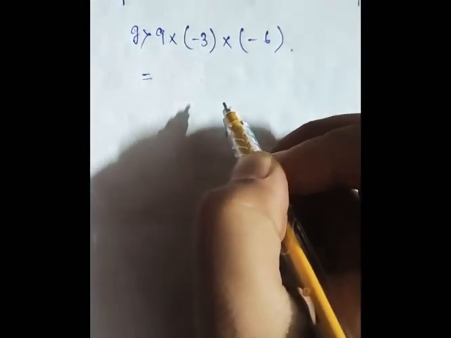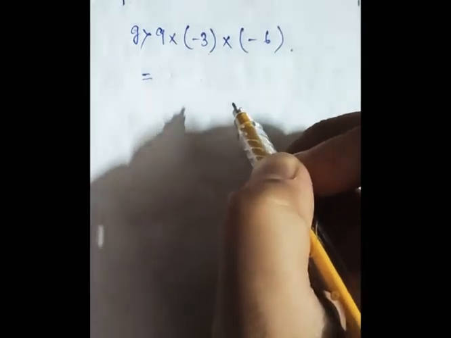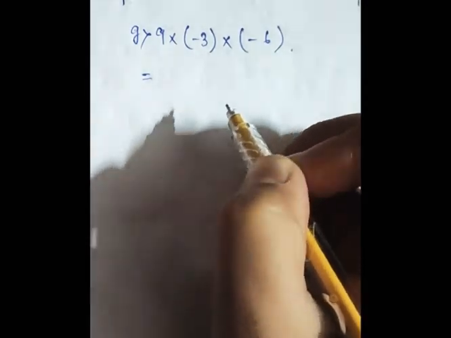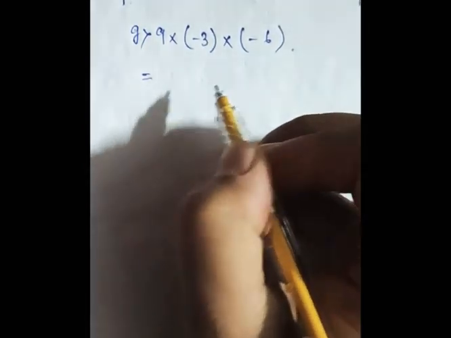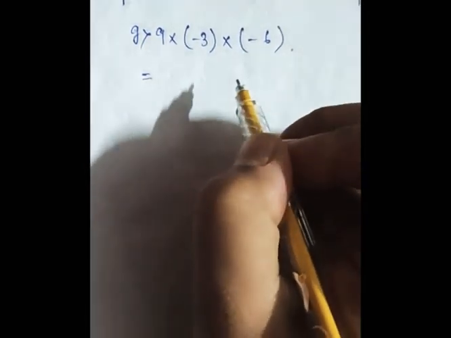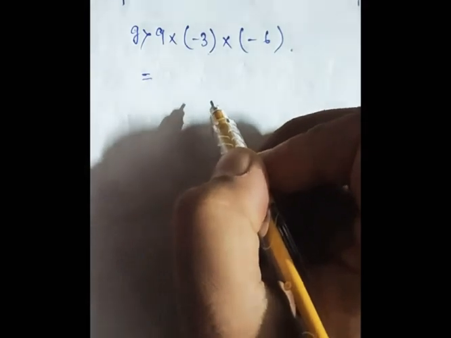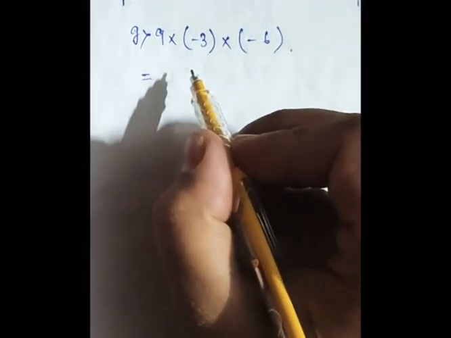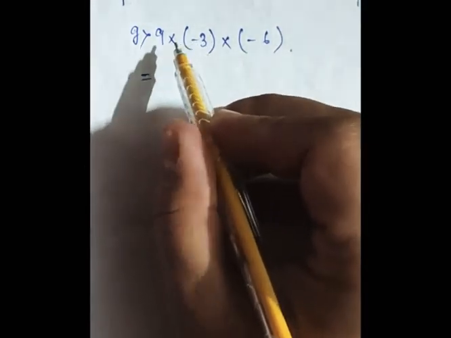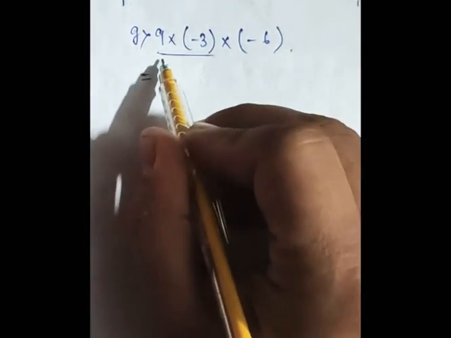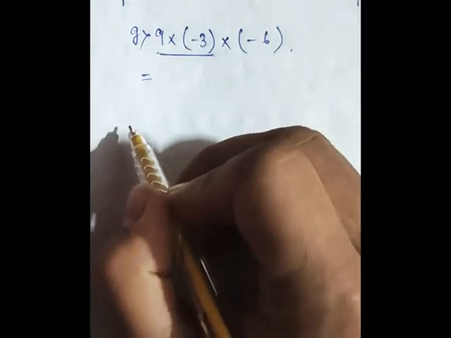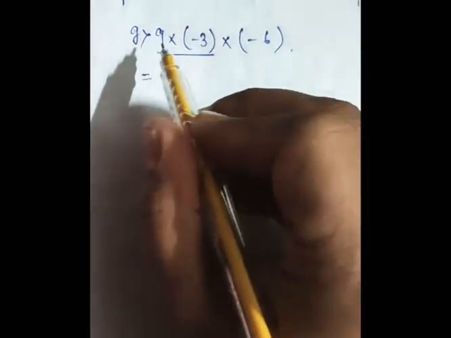I have got the assignment back. You have done it correctly, but this is for those who have not done it or who are still confused with the various types of properties which we dealt with yesterday. To solve this, we will look first at two integers, solve them, and then proceed to the next integer.